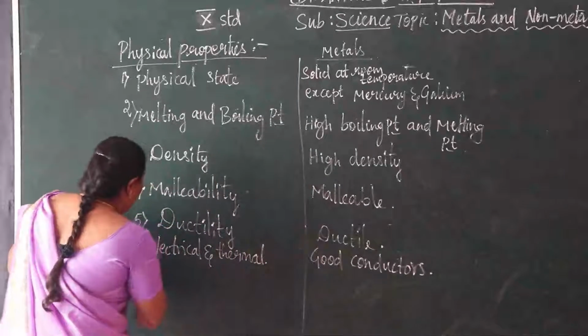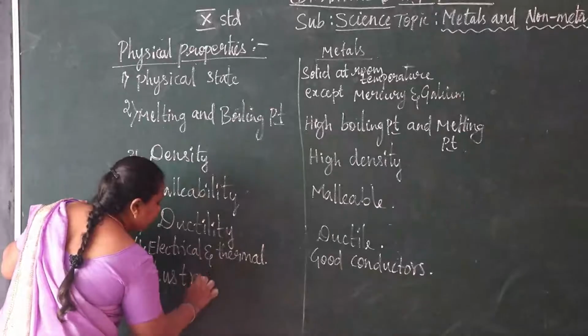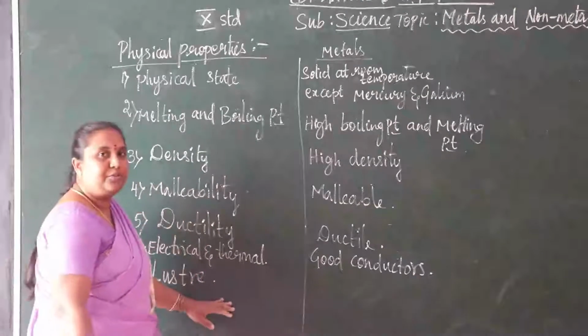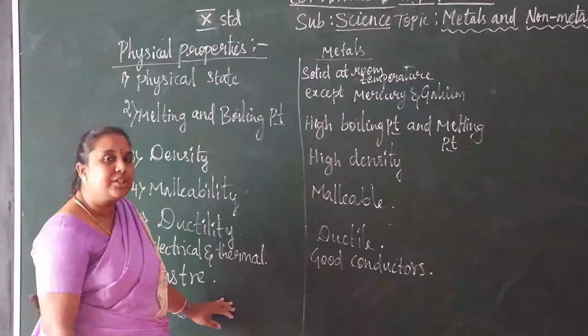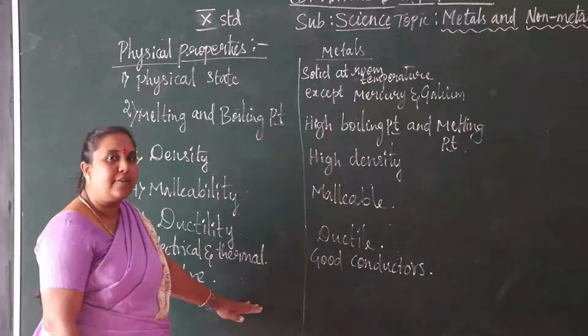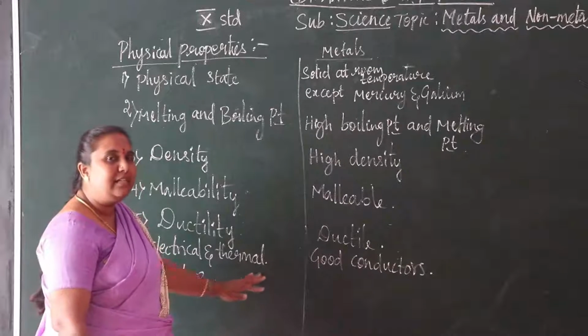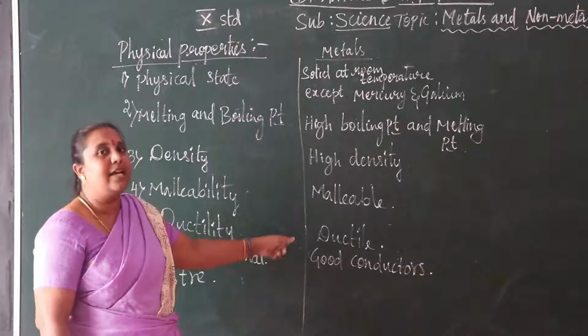What does luster mean? Luster means shining surface. Metals always have a shining surface.